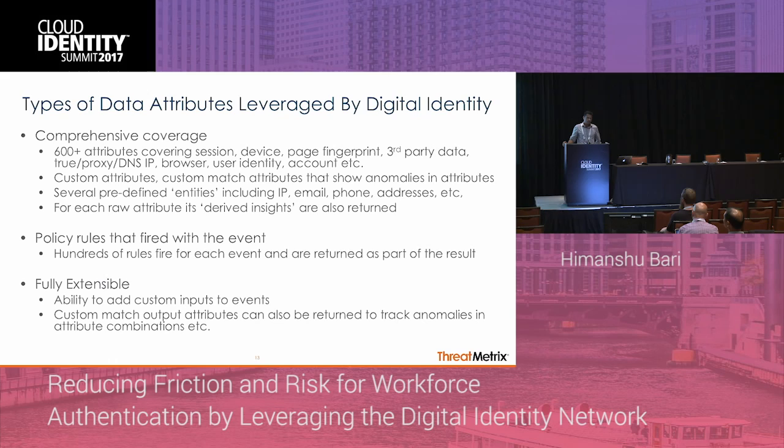There are 600 plus raw data attributes that you get. These span entities like input IPs, addresses, emails, phone numbers, logins, what have you, basically.